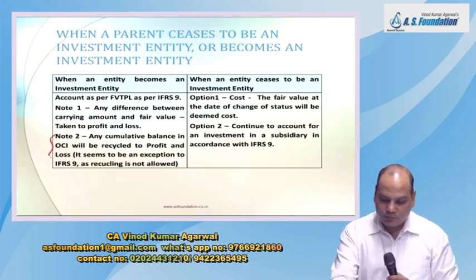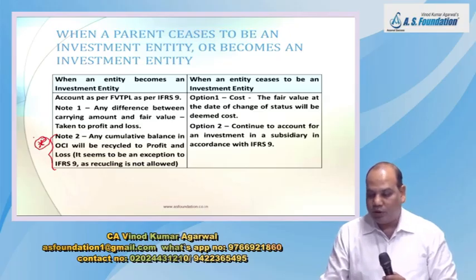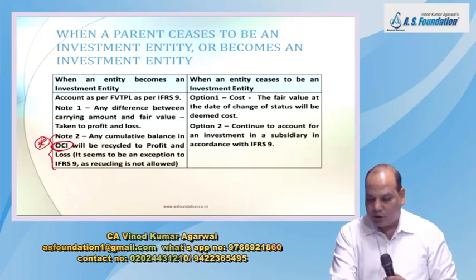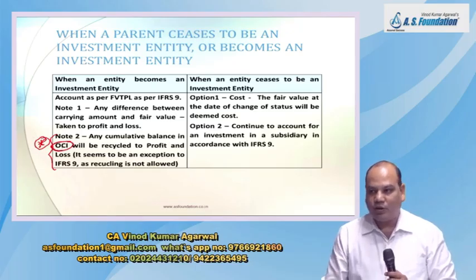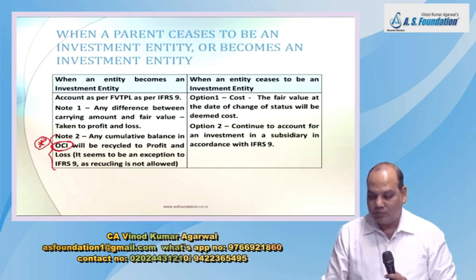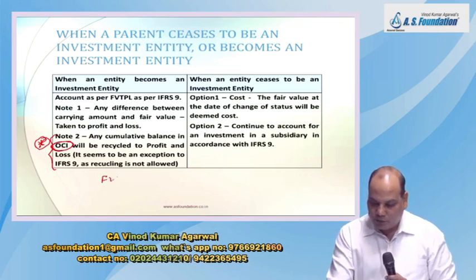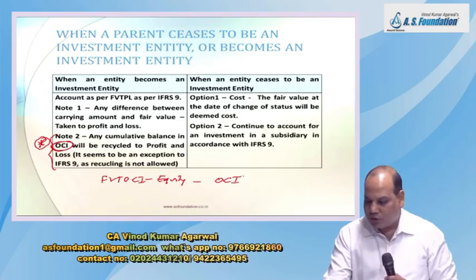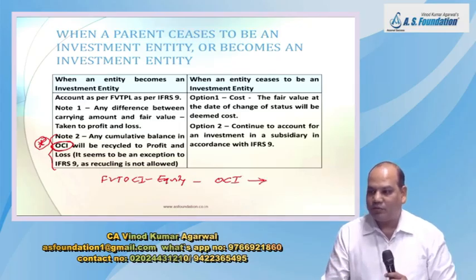So earlier if you are following FVTOCI, now there is an exception to the general rule. Mark important. Usually if there is a balance in OCI account and if it is an FVTOCI equity instrument, normally it is not reclassified to P&L account.